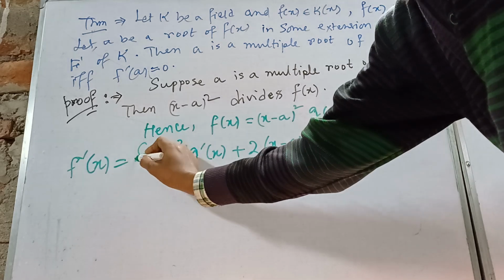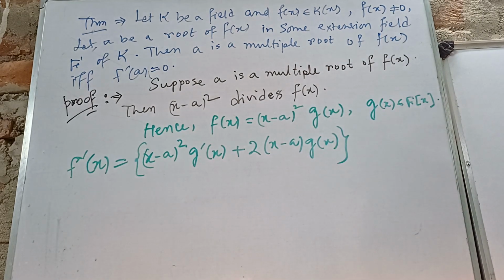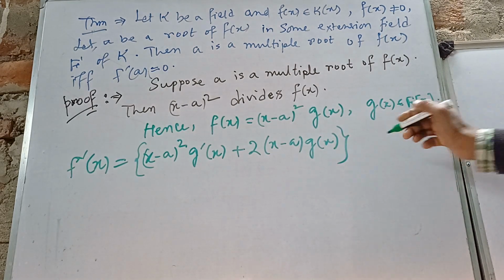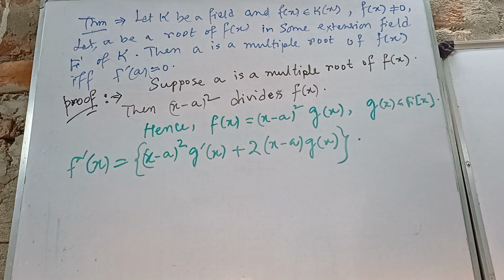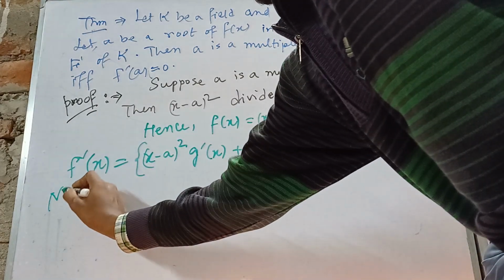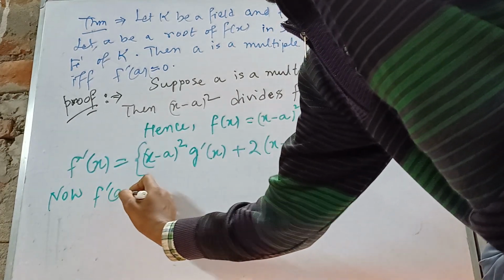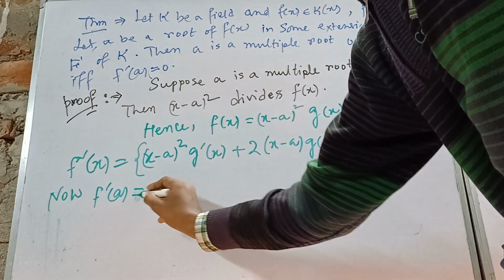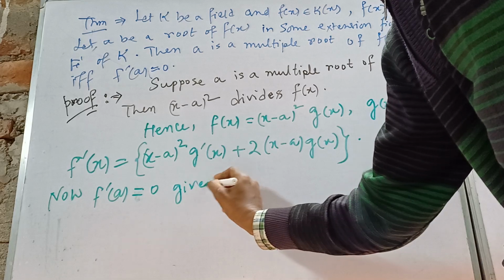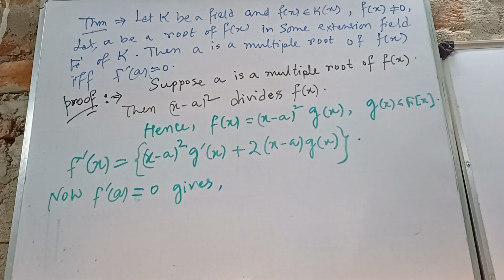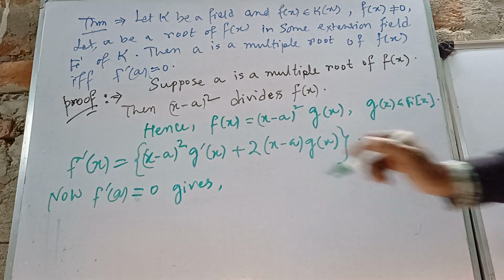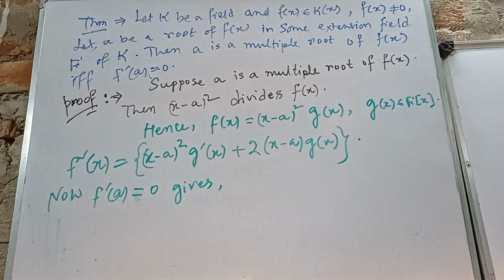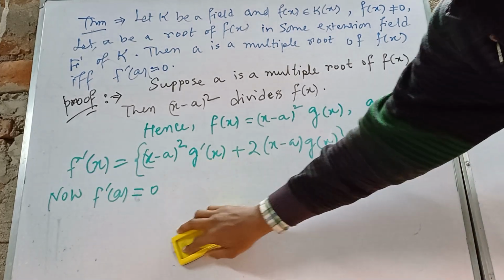This one equals f'(x). Now f'(a) equal to 0 gives, when we write f'(a), all these terms are 0. That means f'(a) equals 0, which we had to prove.